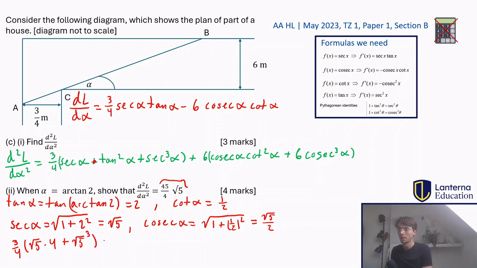And then we say plus 6 cosec alpha. Oh my goodness, it just keeps going, doesn't it? 6 cosec alpha, that was root 5 over 2, and cot was 1/2, so 1/2 squared. Oh, that 6 was also one too many. Editing Jascha was sloppy then. Plus cosec cubed, so that would be (root 5 over 2) cubed.